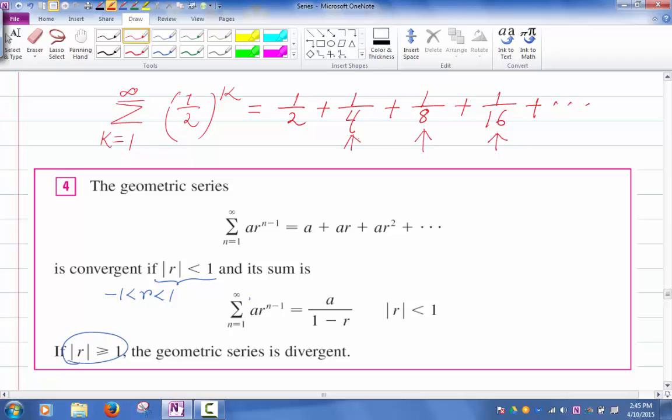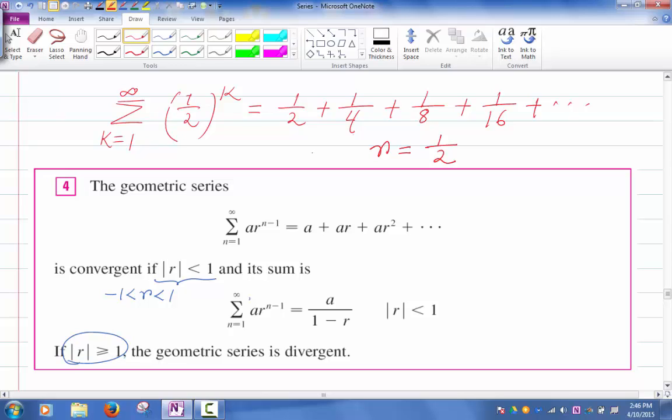Half. So the common ratio here is half. The mistake you can make is dividing 1/4 by 1/8. Then you get 2, which is a mistake, because then the ratio is bigger than 1. So divide any term by the previous and see if you get a common ratio. The common ratio here is half, so this is a geometric series.